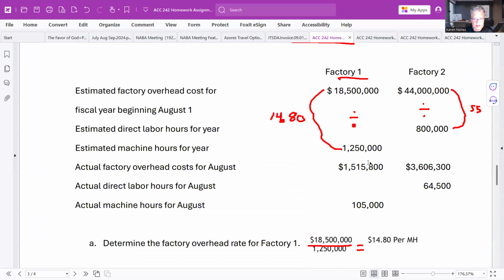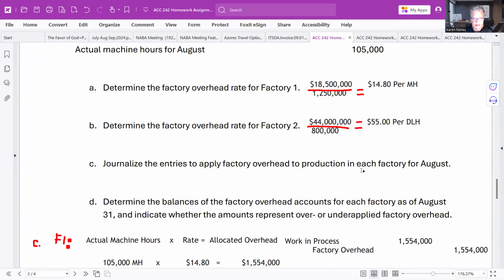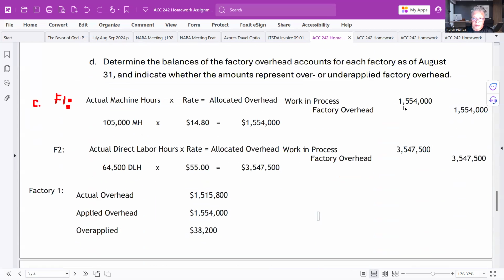The actual overhead is 1,551,558. And then we just applied 1,554,000. So the actual overhead versus the applied overhead. We've over applied. 1,554,000 is greater than the actual.